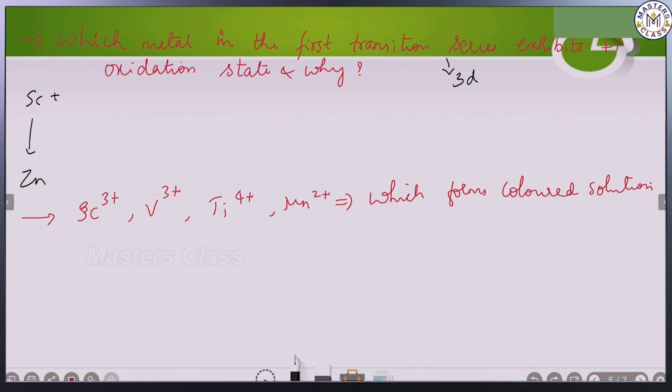Scandium shows +3, next titanium, vanadium, chromium and so on show +2, +3, +4, +5 like that. When it comes to copper, it will exhibit +1 and +2 oxidation states. So copper will exhibit the +1 oxidation state. The reason behind that is because of its electrons.